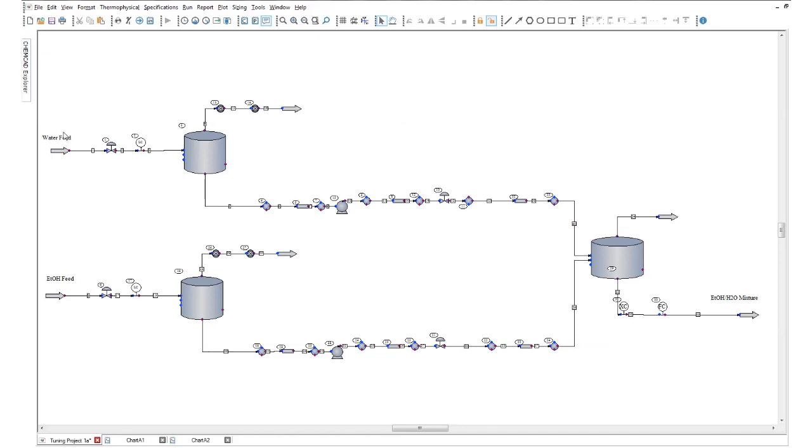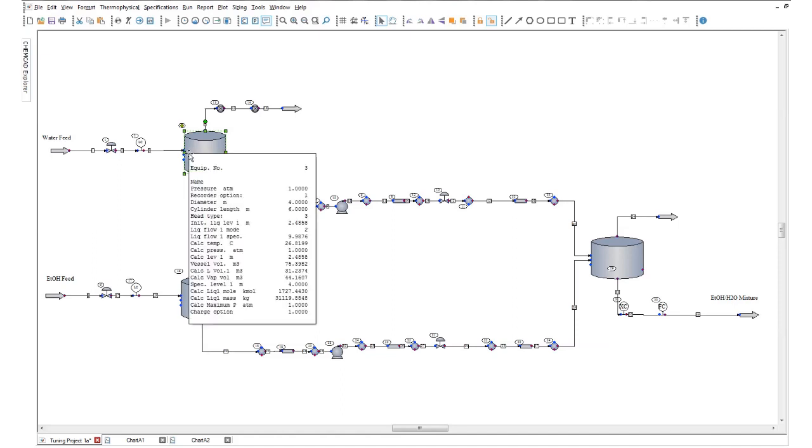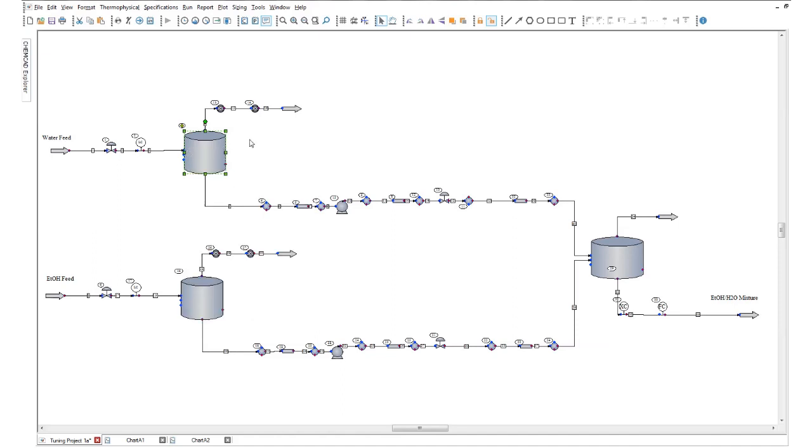Our process starts off with a water feed that's controlled by a control valve, and in line, we're connected to a level controller. This level controller will look at a feed tank where we're going to be storing our water. What we desire to do is use the level controller to keep the level inside this feed tank at the proper value.